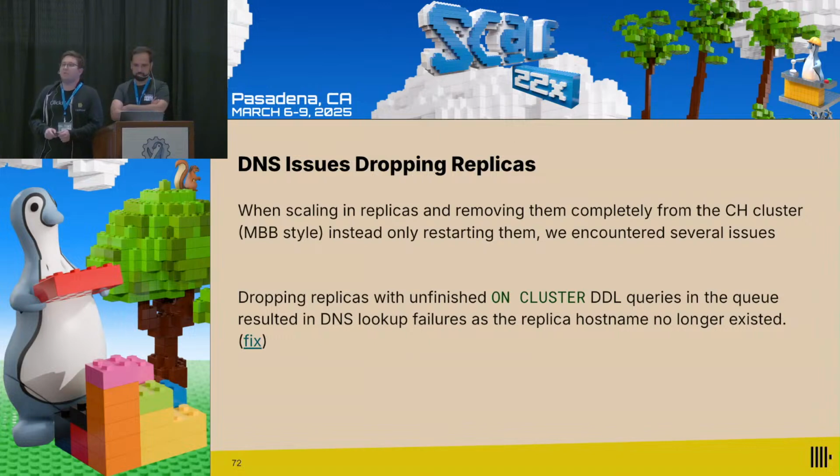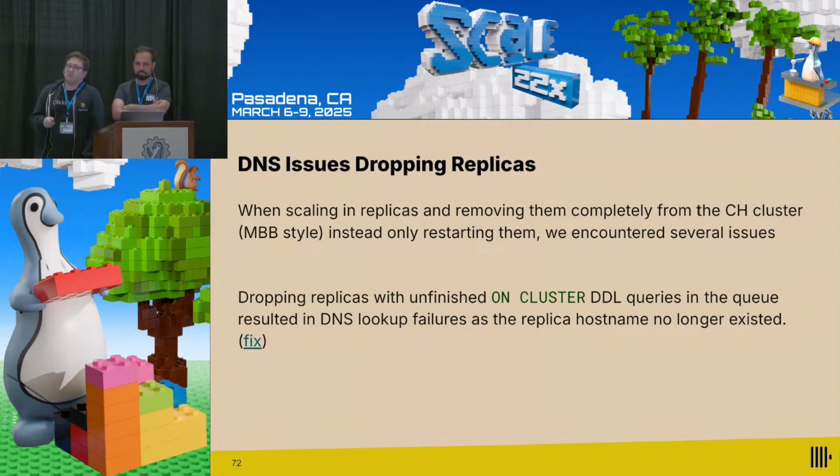So now we're moving into ClickHouse-specific issues. You're adding replicas, you're syncing the catalog, database, and tables, and you're removing replicas. And you can run into all kinds of issues doing that. The first issue was ClickHouse has something called an on-cluster DDL queue. So if someone, for example, creates a database or creates a table on cluster, it goes into this queue.